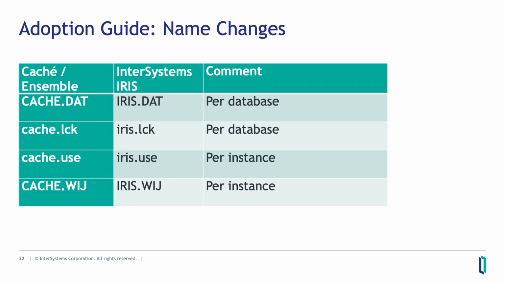And who's aware that InterSystems IRIS is Unicode only? Good. Oh, true. It's not true anymore. So we changed that. InterSystems IRIS now supports full non-Unicode databases, or a lot of times we refer to this as 8-bit databases, which is nonsense. There is no such thing as an 8-bit database.